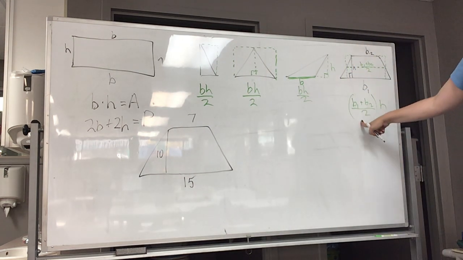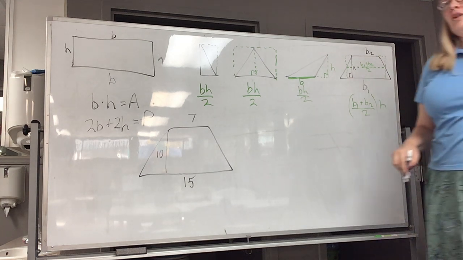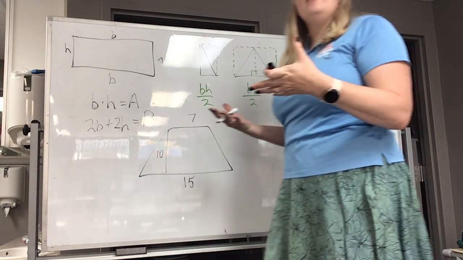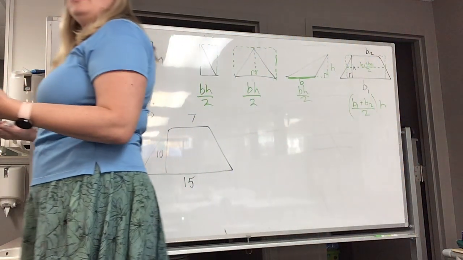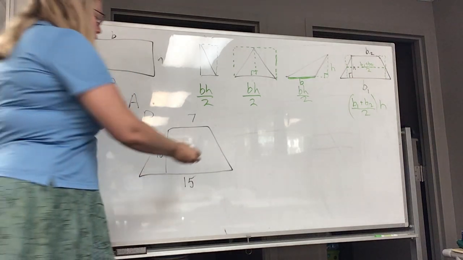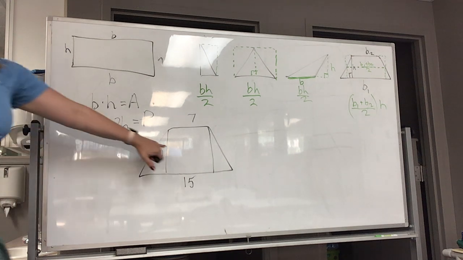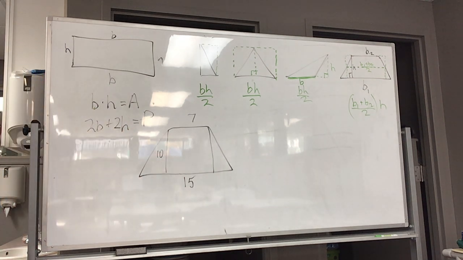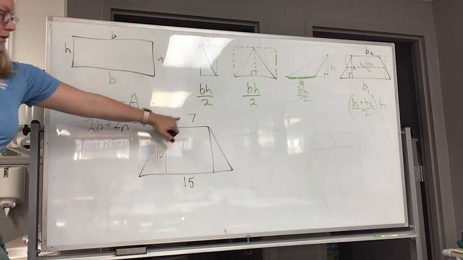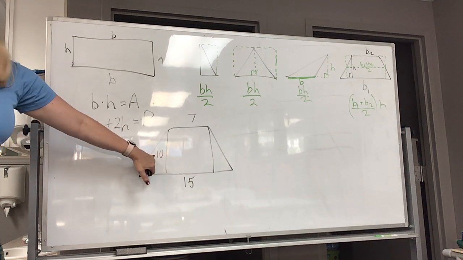You can use this formula, but you can also use the idea that area is the sum of the pieces. And so here, the area of this rectangle in the middle is going to be 7 times 10.